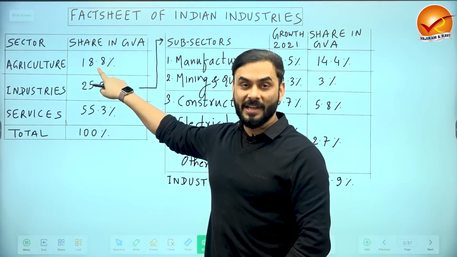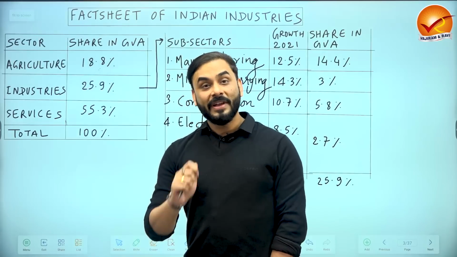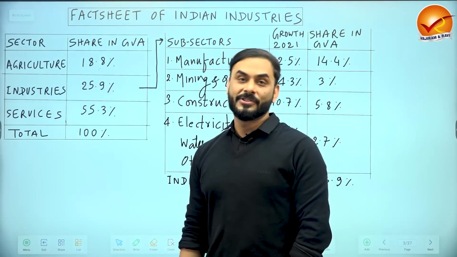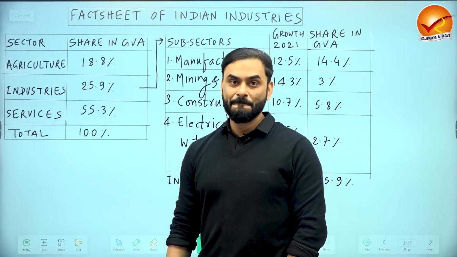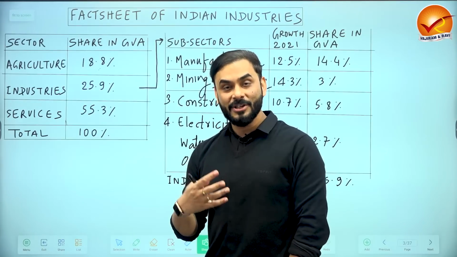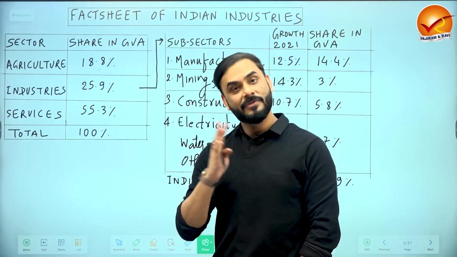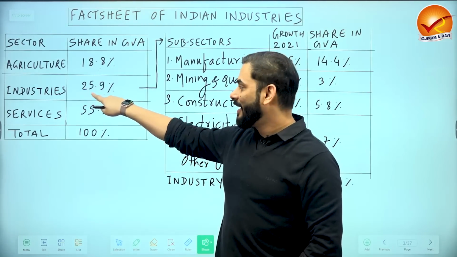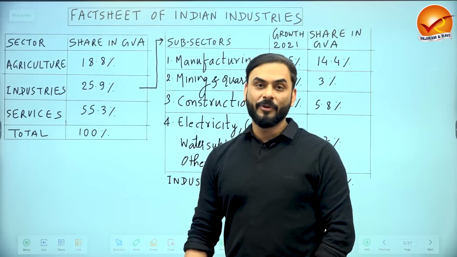So, out of 100 rupees that India earns, the contribution of agriculture is 18.8. What is the contribution of industries in our national income? 25.9 rupees. What is the contribution of services? 55.3. So which sector is contributing the most in our national income? Services. Almost 50% of our income comes from services, but industry is not very far behind. Industry is improving. See, it's almost close to 26 and agriculture is 18.8.